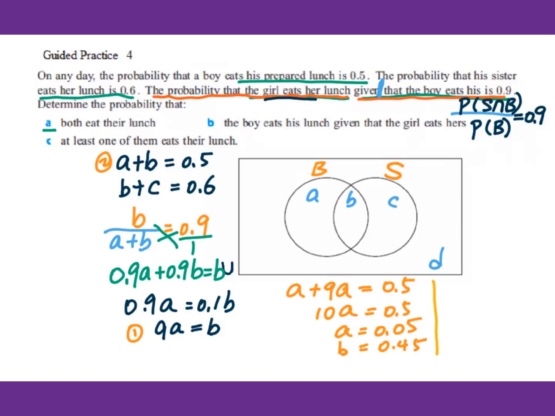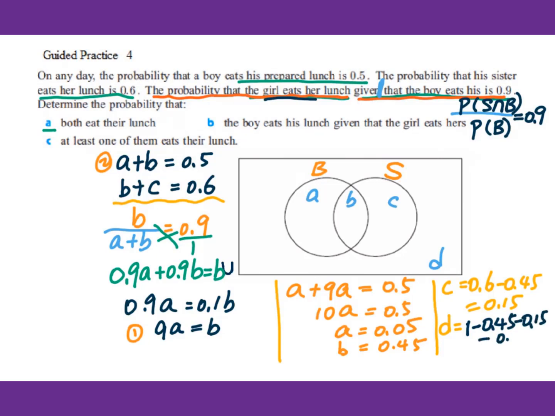Therefore, for C, you can use this. You will get 0.6 minus 0.45, which gives 0.15. And D equals 1 minus 0.45 minus 0.15, then minus 0.05, which equals 0.35.